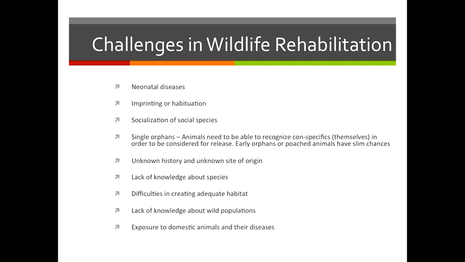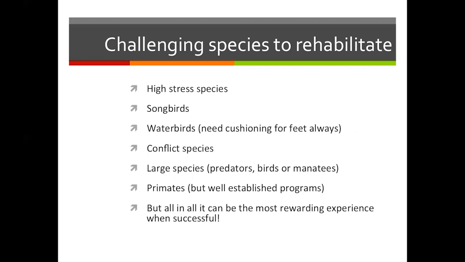Examples would be mange or distemper or fungal infections, and many, many more. So just a short list here.